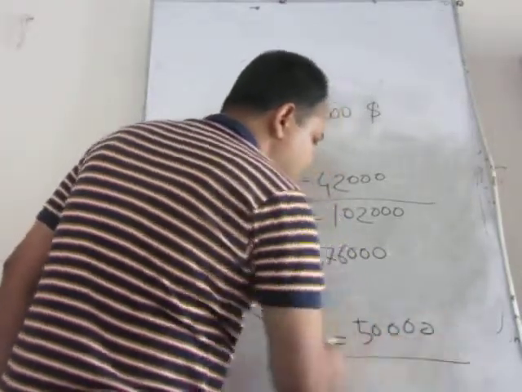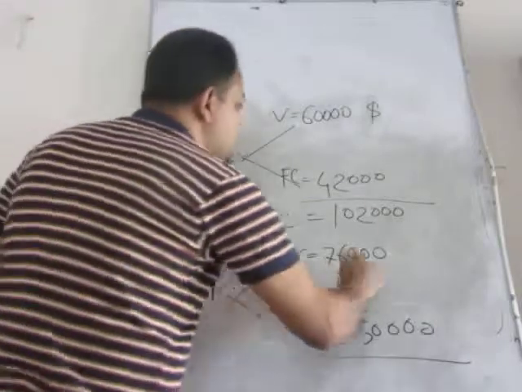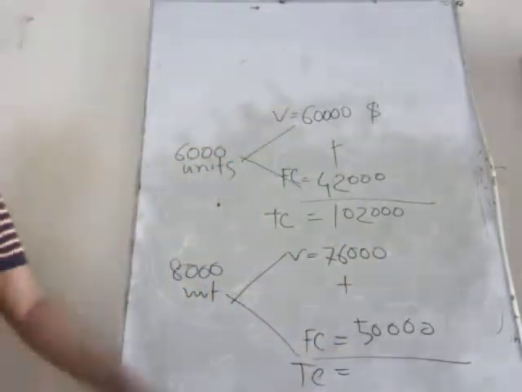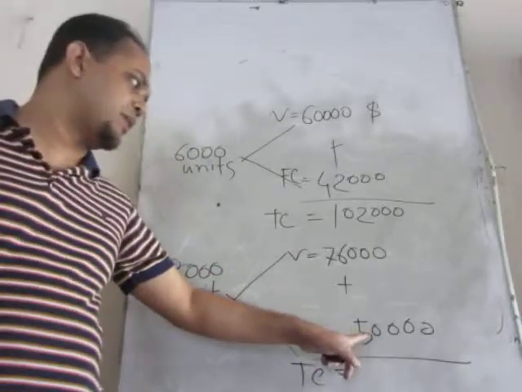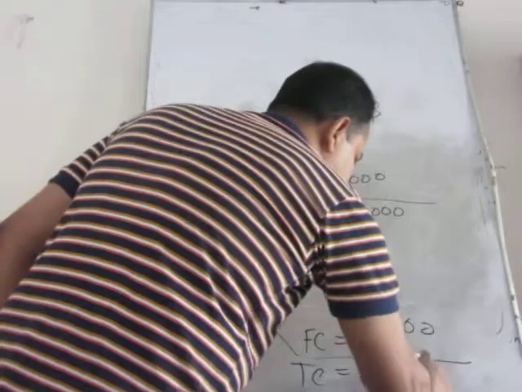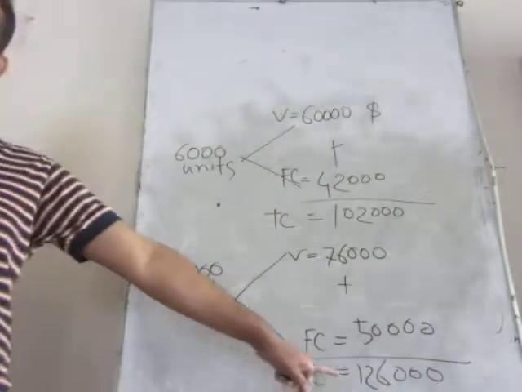So if you add up these two things, then you have the TC. 76 plus 50 makes how much? 126,000. This will be the total cost.